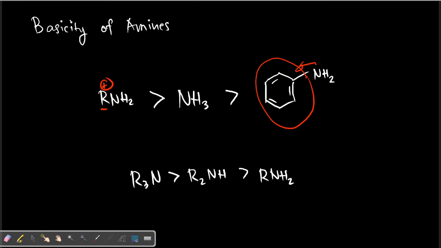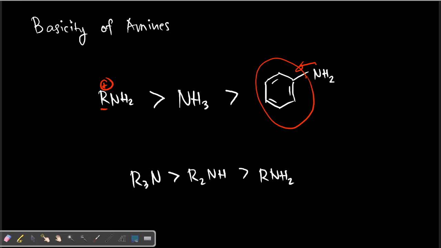So kung iisipin niyo kung bakit ganito yung order of basicity dito sa tertiary, secondary at primary amines, kung pare-parehas yung R group na nandyan, pare-parehas sila ng sizes, mas marami yung R groups na pwedeng maging stabilized na cation dito sa ating tertiary kaysa sa secondary, at kaysa sa primary nating aliphatic amines.